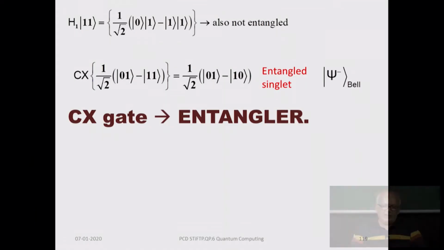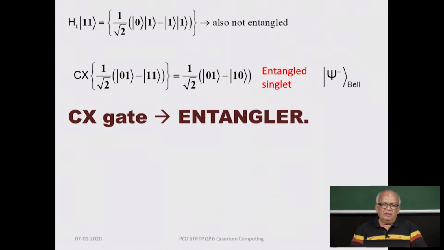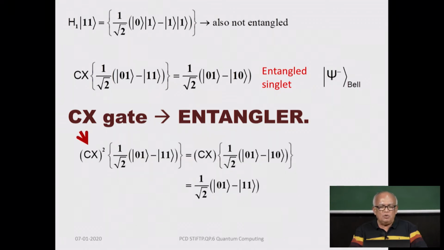You get an entangled state through this operation, but suppose you subject it to control NOT again. The result that you got, you subject it to control NOT.